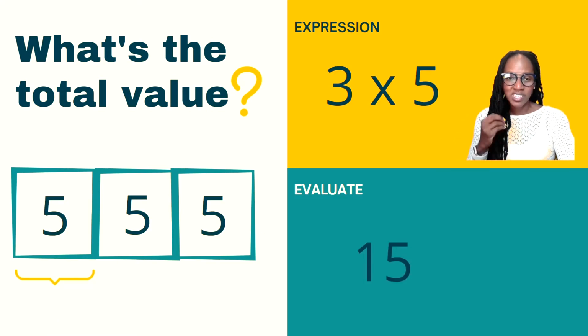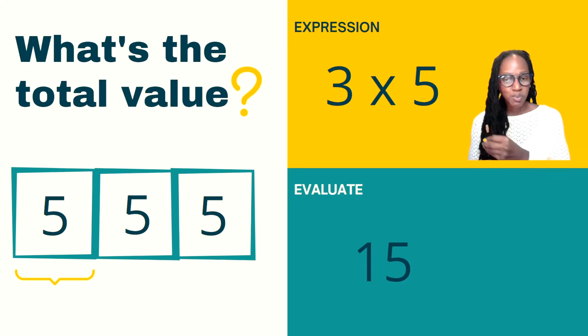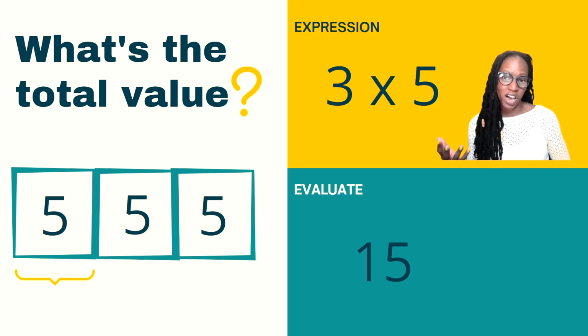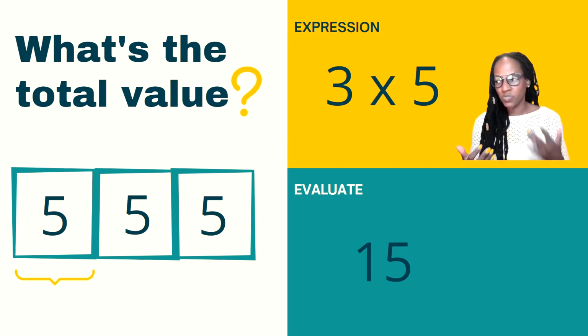For this example, if I put a 5 in each box, because the value is the same, then I know that I could find the total value by adding those up, 5 plus 5 plus 5, or I could multiply 3 times 5, and that will give me 15. So if I evaluate that expression, 3 times 5, that's 15.